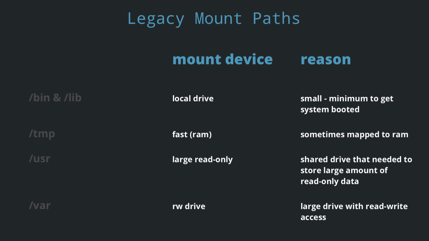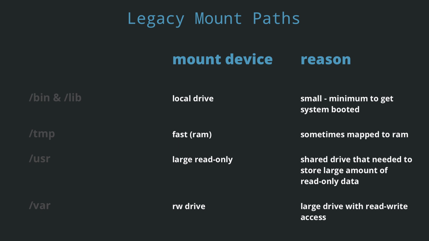Like, the bin and lib folders had to be stored locally and they had to be as small as possible. Temp was mounted to a fast drive. User was mounted to a large read-only network drive where they could store the shared programs and users can query documentation. And var was a read-write network drive that stored users' messages and print jobs.